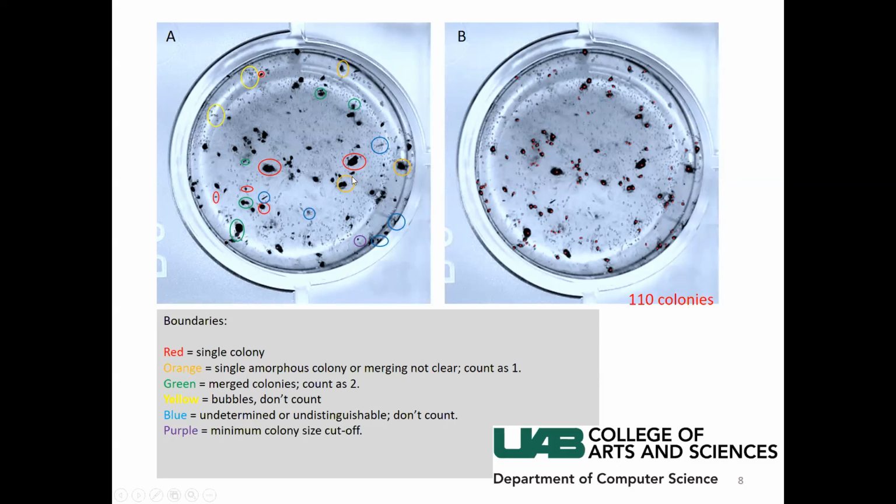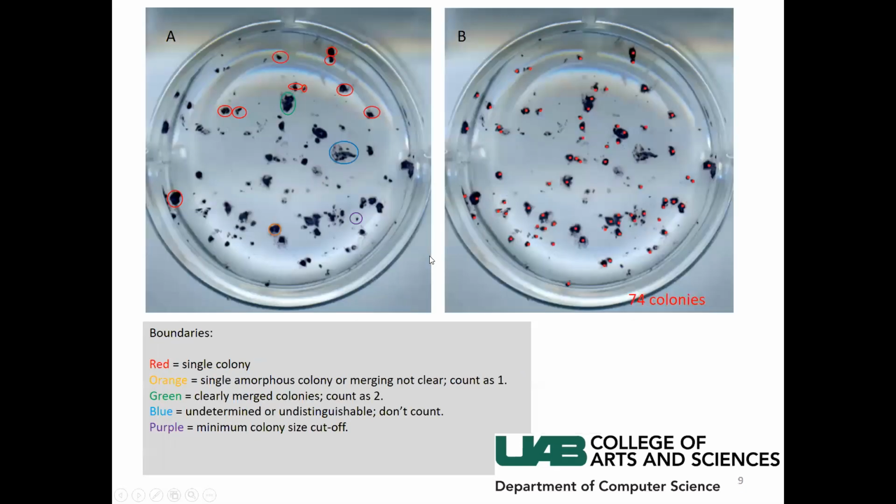And there are some oranges; those are called single amorphous colonies. After human counting, you see there are about 110 colonies. There is another example where some regions are marked, and there are 74 colonies in this picture.